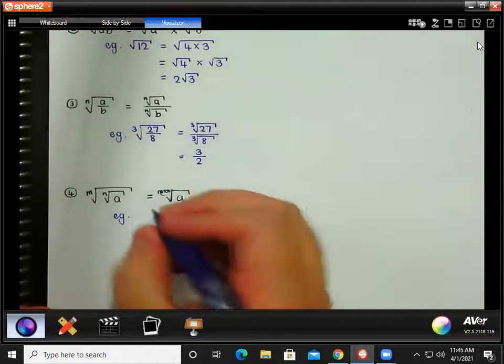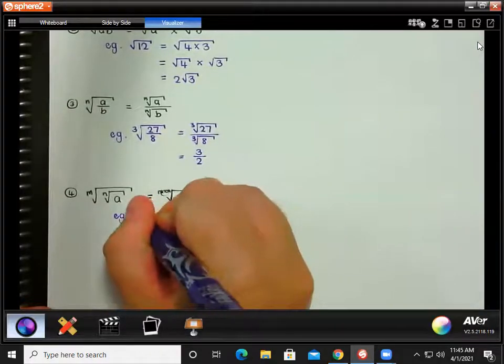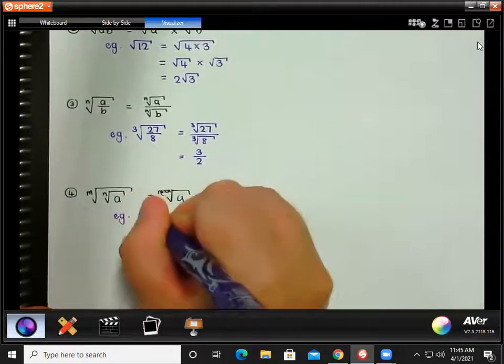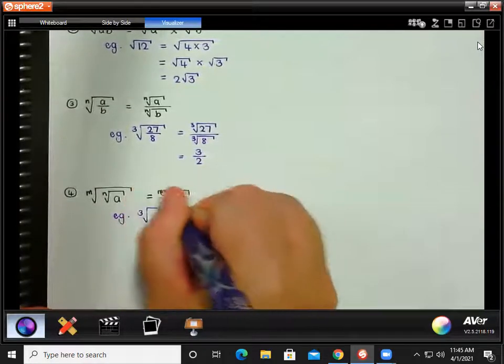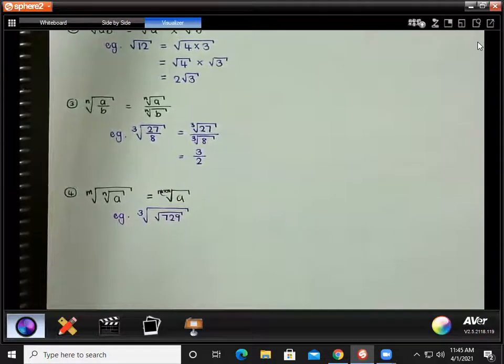So if you have, for example, they're asking for the cube root of the square root of 729. Yes, that's actually where this law is coming from.